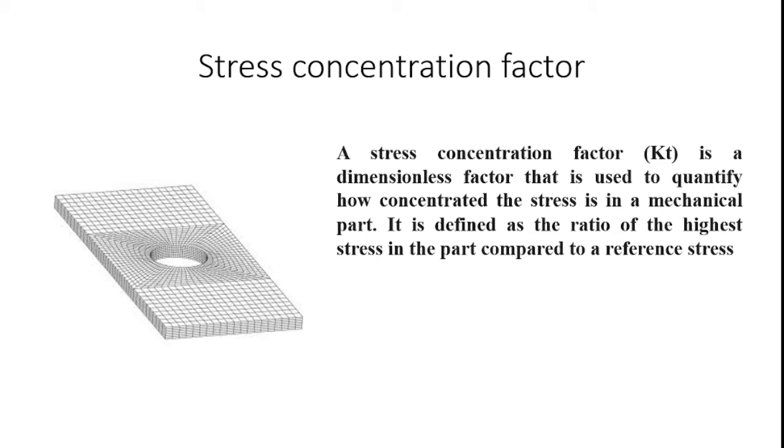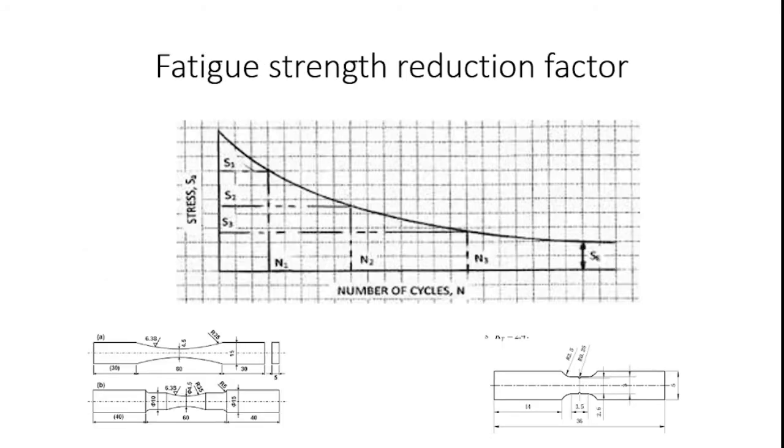And also we should be aware of another factor, which is the fatigue strength reduction factor. What is meant by fatigue strength reduction factor? The fatigue strength reduction factor, also called the fatigue notch factor, can be determined by dividing the fatigue strength of smooth specimens by the fatigue strength of notched specimens, so that we can classify the material for fatigue study into smooth surface material and notched surface material.